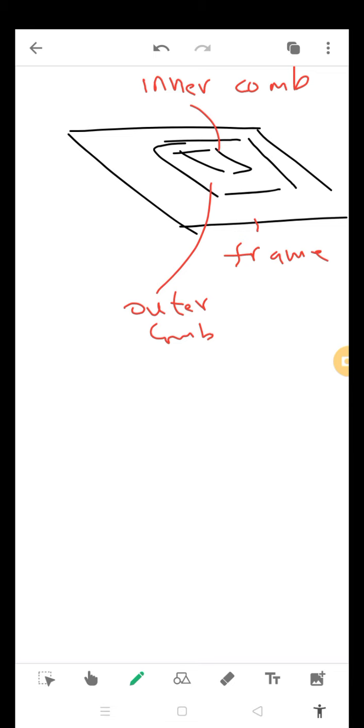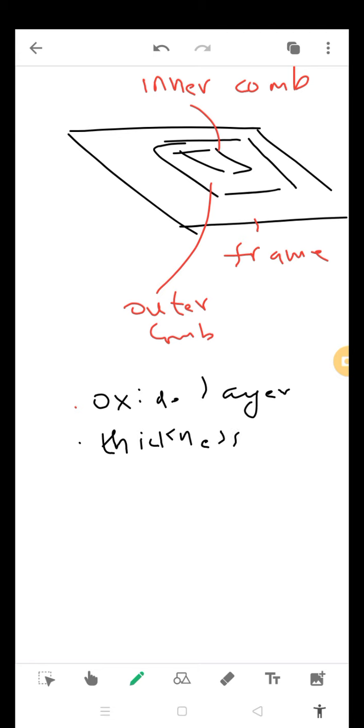Whenever we put an oxide layer, there will be a thickness associated with it. If the oxide layer thickness is varied, then it will create a pull-in voltage.